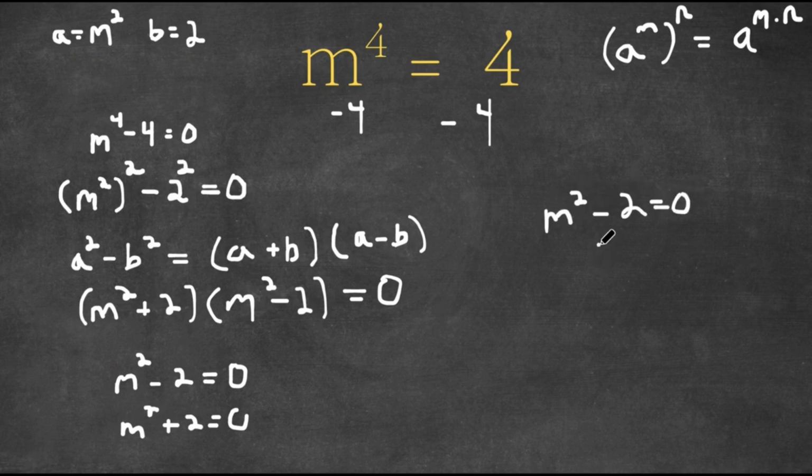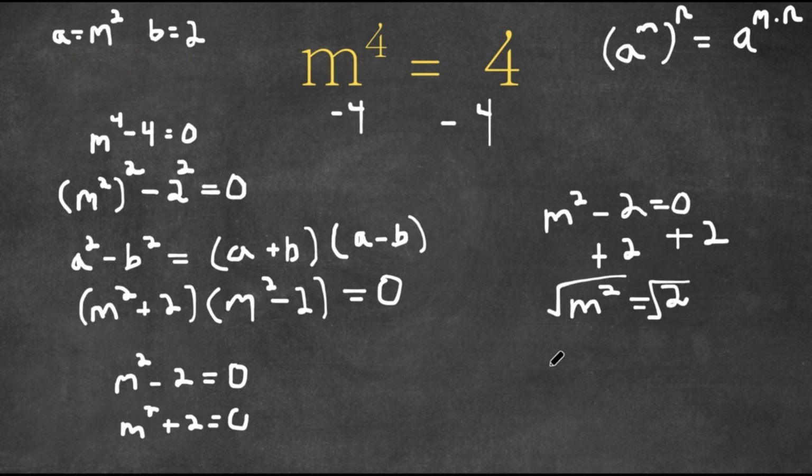What I'm first going to do is add 2 on both sides. So we get m squared is equal to 2. Now if I take the square root on both sides, I get m is equal to positive or negative square root of 2. So these are two solutions.